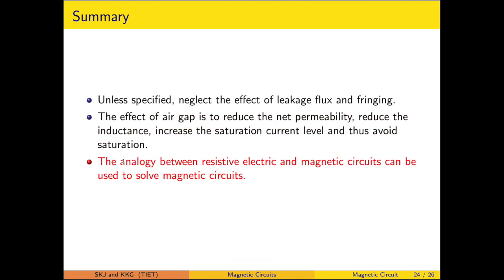There is a strong analogy between the resistive electric circuits and the magnetic circuits. So we can make use of this analogy judiciously. This holds true for the series parallel combinations. Even the KCL and KVL for electric circuits are analogous to the KCL and KVL for the magnetic circuits.